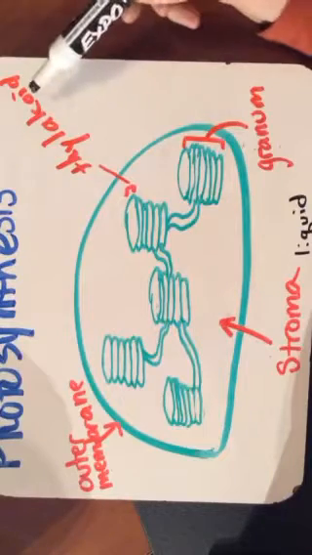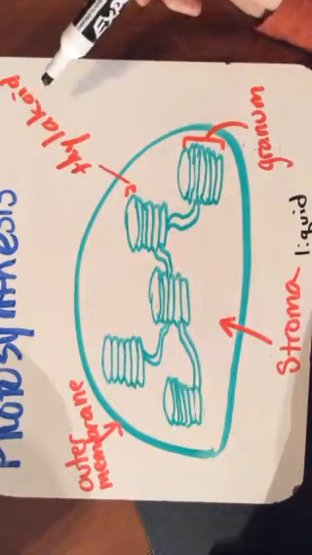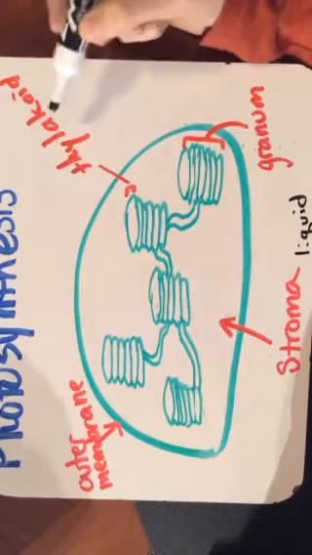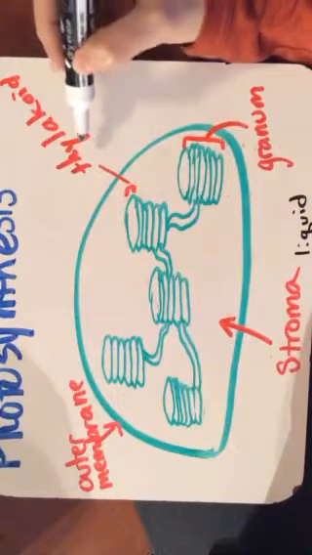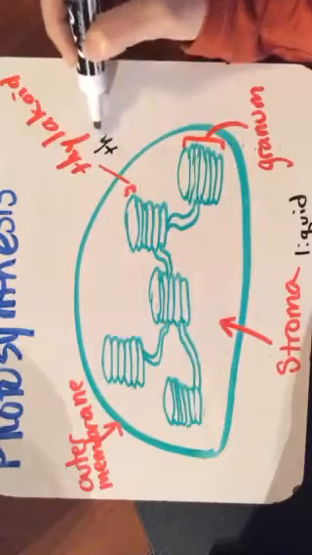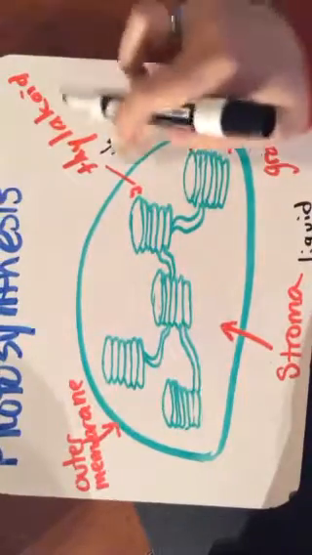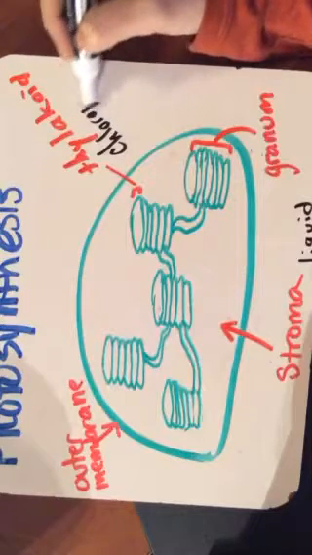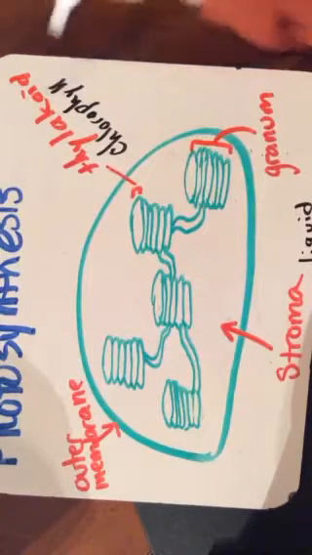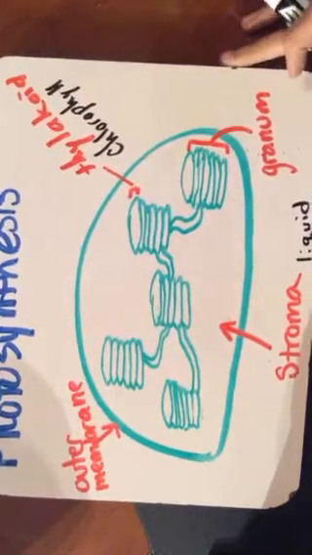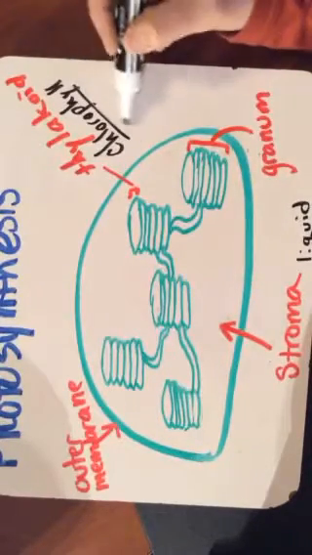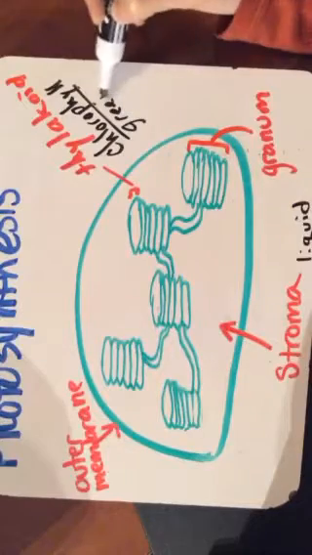A single disc is called a thylakoid, and within this thylakoid is located a pigment. It's the pigment that makes plants appear green, and it is called chlorophyll. And plants have other pigments as well that give them other colors, but that's the one we're more concerned with. That's the one that makes them appear green.